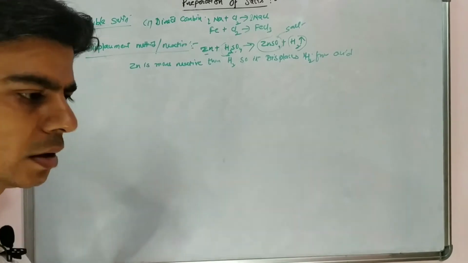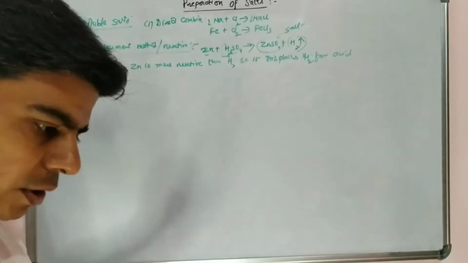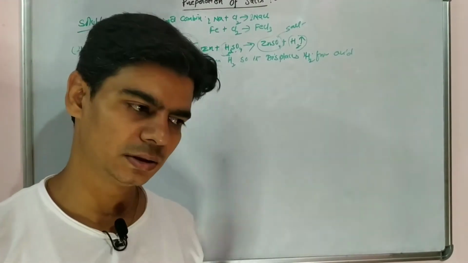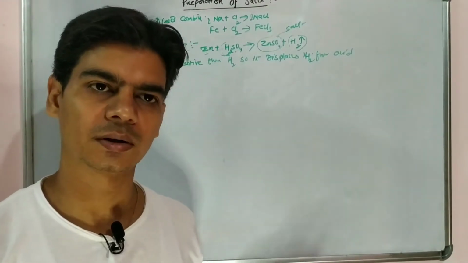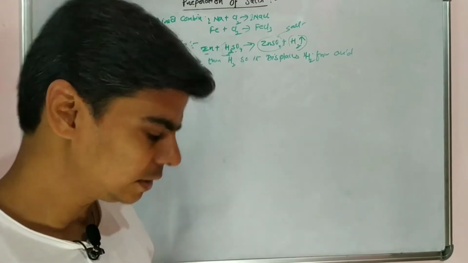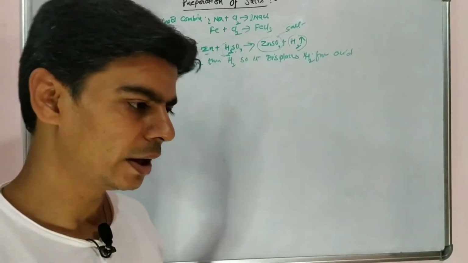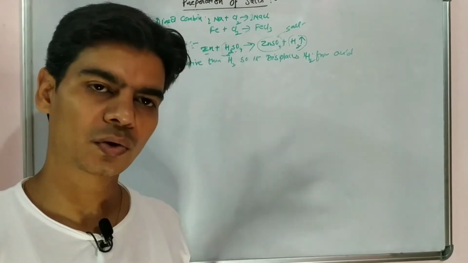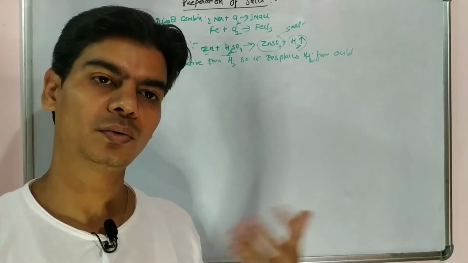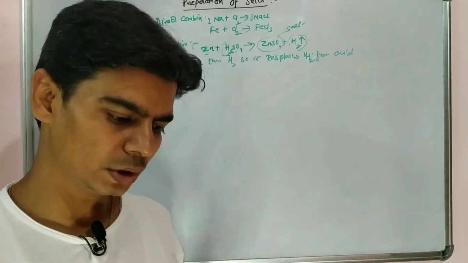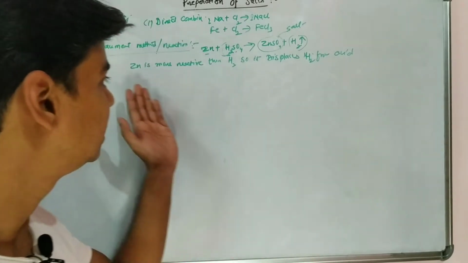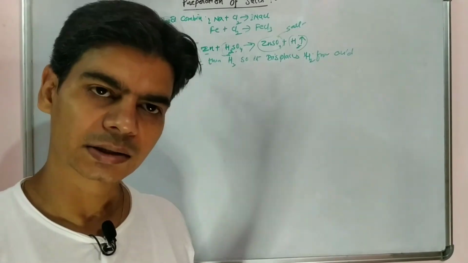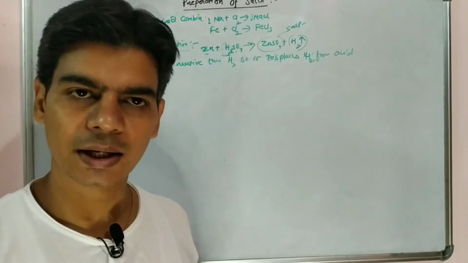What do we mean by that? Since we have studied in the previous chapter periodic classification and periodic properties of elements, we have studied that metals are reactive. That means the reactivity of metals depends on their ability to release their outermost electrons. We know that in chemical reactions only outermost electrons take part.